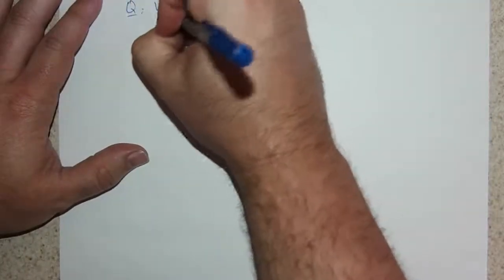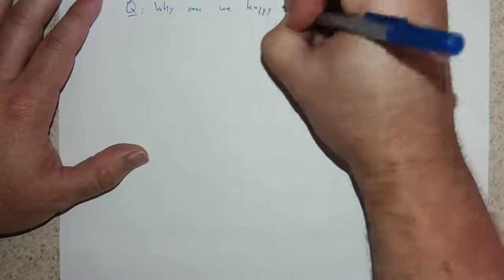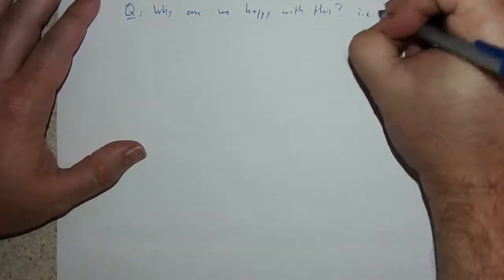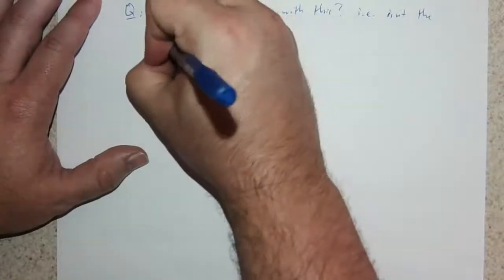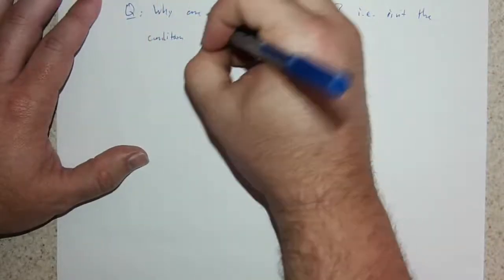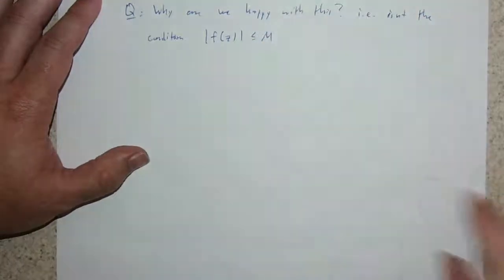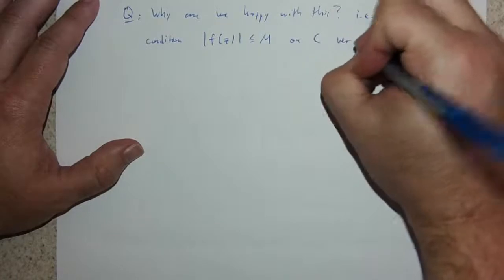Why are we happy with this? I.e., isn't the condition that our function be bounded in this way, i.e. f be bounded on C, very restrictive?